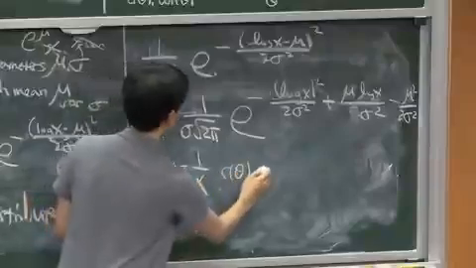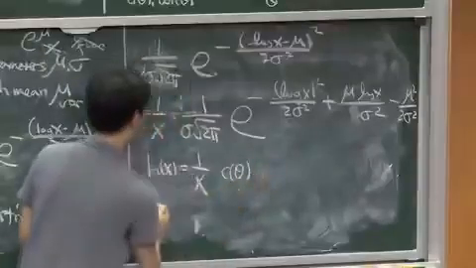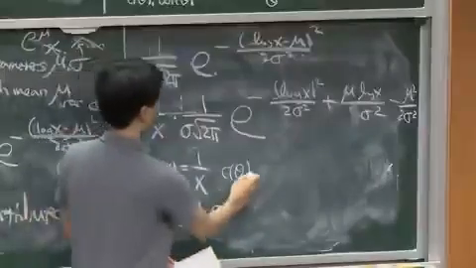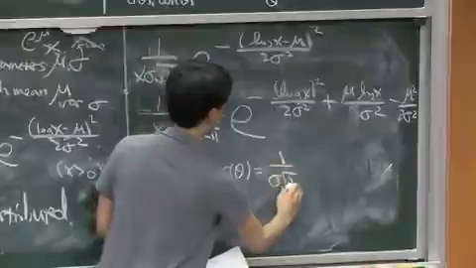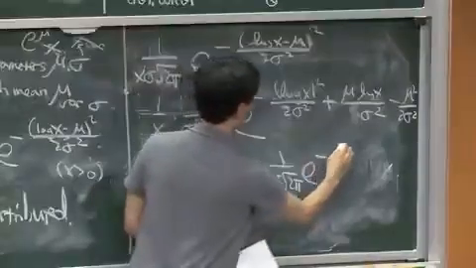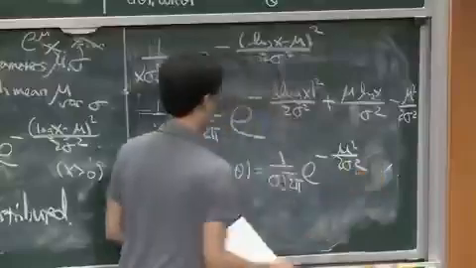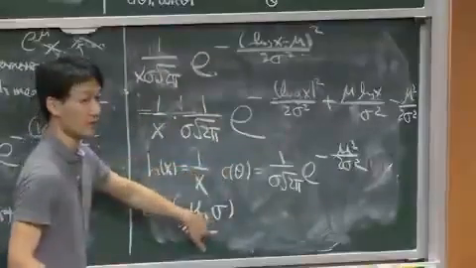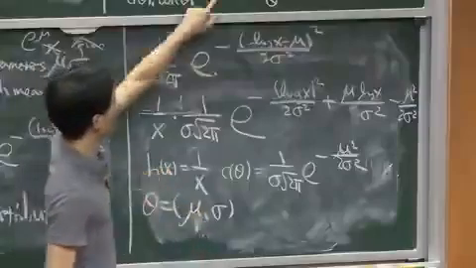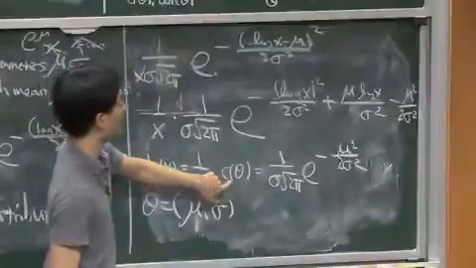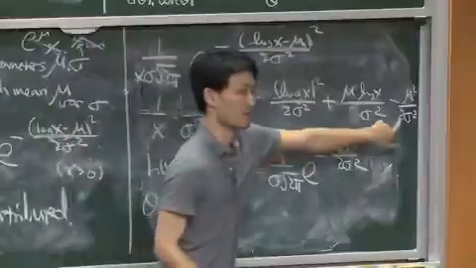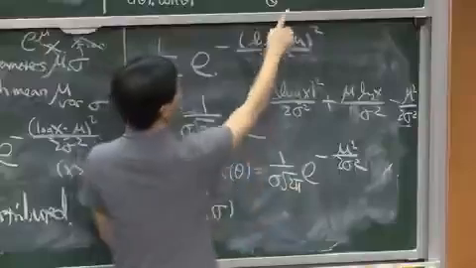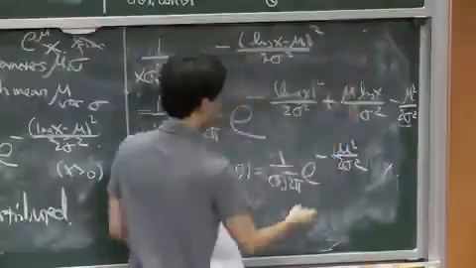Set h of x equals 1 over x. Let theta equal (mu, sigma). Then c of theta is equal to 1 over sigma square root 2 pi e to the minus mu squared over 2 sigma squared. So you parameterize this family in terms of mu and sigma. Your h of x here will be 1 over x. Your c of theta will be this term and the last term, because this doesn't depend on x. And then you have to figure out what w and t are.